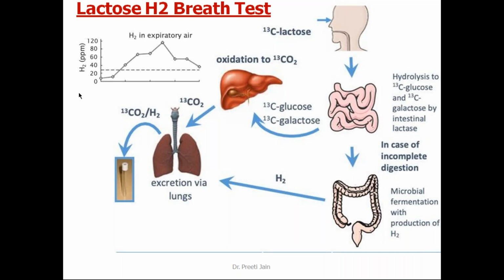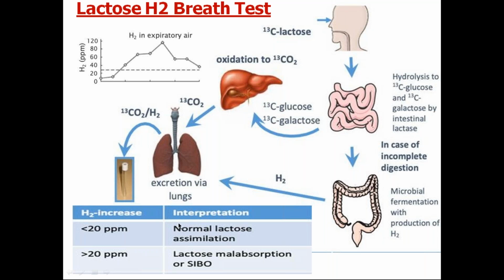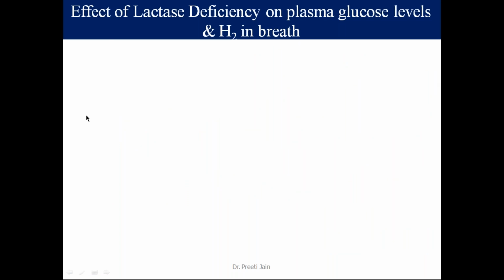So if it is above a certain threshold, then it is said to be positive, and it is going to be confirmatory for lactose intolerance. Right, so you can interpret it like this: if it is less than 20 parts per million, it is normal lactose assimilation. If it is more than 20 parts per million, an increase in hydrogen is present, so it points towards lactose malabsorption, and it shows lactose intolerance.